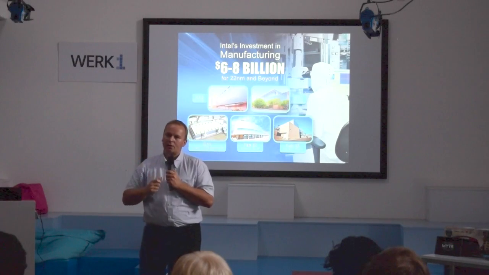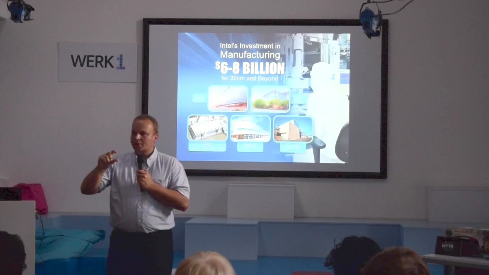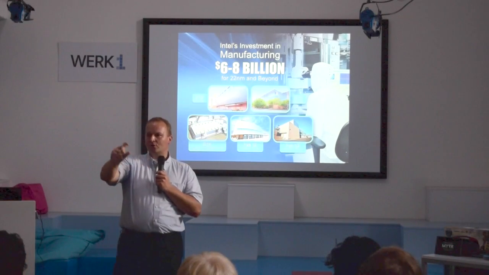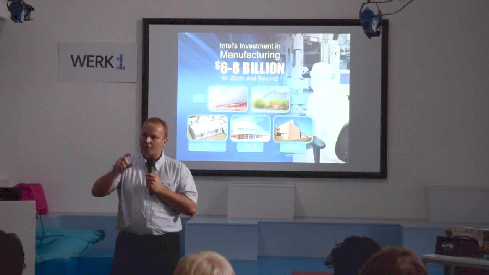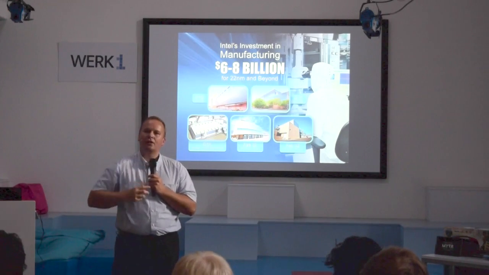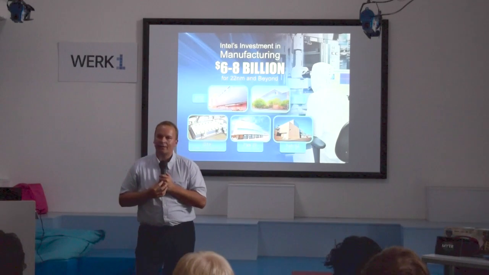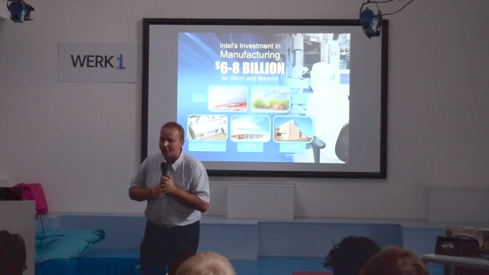The tolerances in one of those transistors I was referring to earlier, there's parts where there's a tolerance from 3 atomic layers to 7 atomic layers, and that's where we have to stay within. That's quite a feat. Well, as you can see, it's an expensive endeavor.